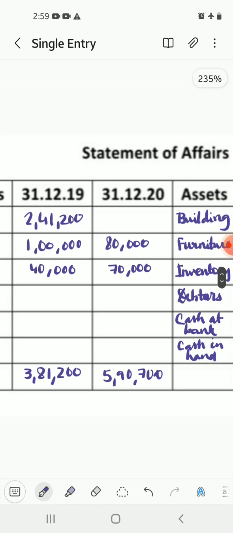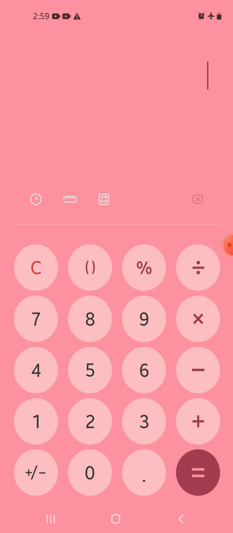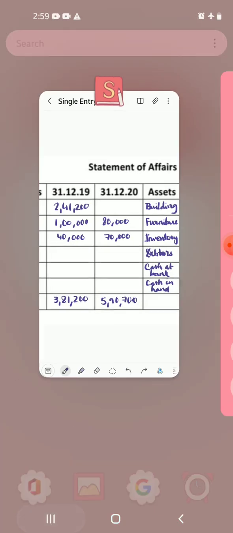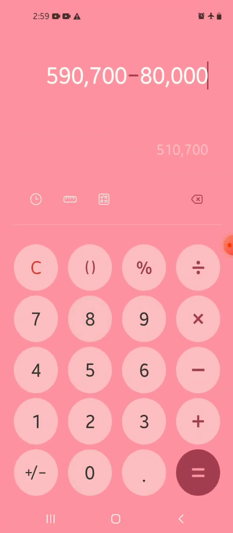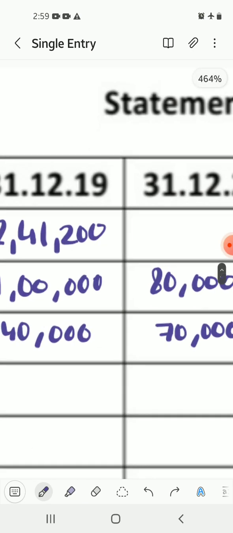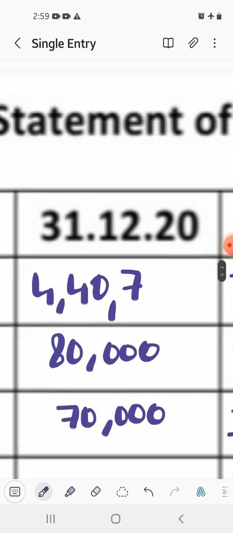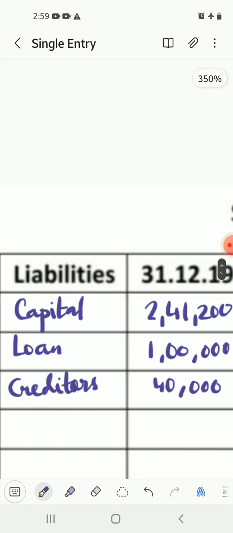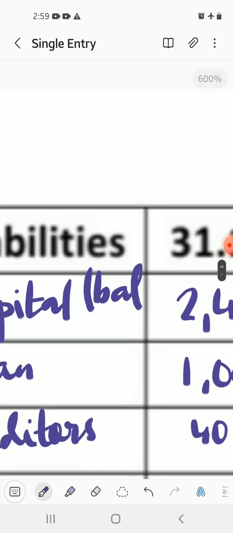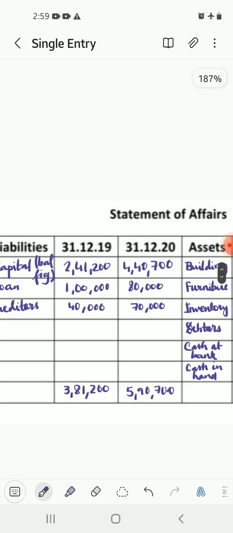And the next, 5,90,700 minus 80,000 minus 70,000. It comes to 4,40,700. Let's write it over here. Now we have got both the figures. So this is basically the balancing figure, that is capital. With this we have got the opening capital and the closing capital.